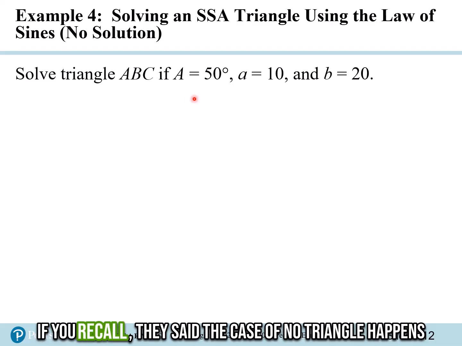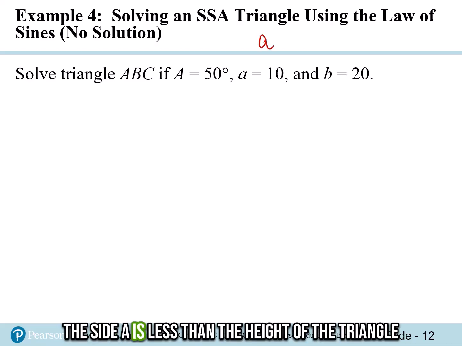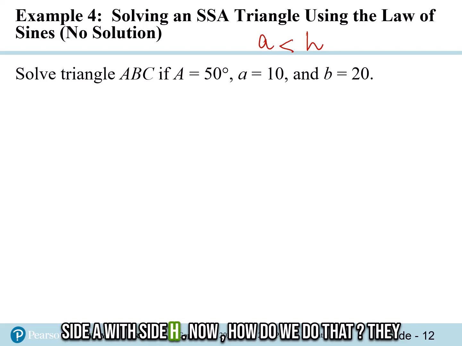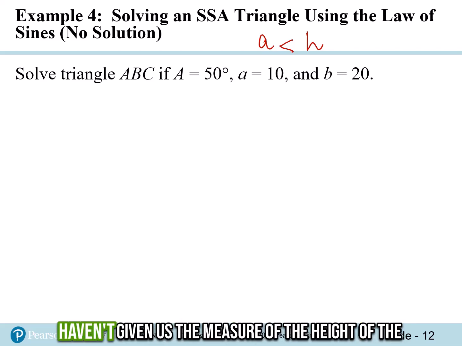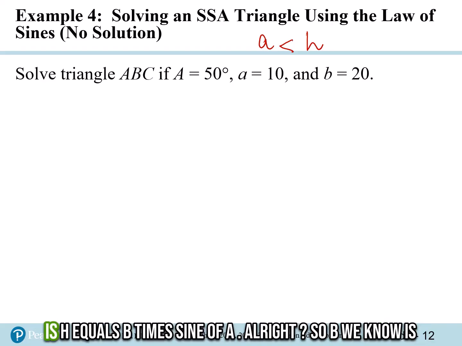However, if you recall, they said the case of no triangle happens when side A is less than the height of the triangle. So we could, right at the start, do a comparison of side A with side H. Now, how do we do that? They haven't given us the measure of the height of the triangle. The formula using trigonometry to find side H is H equals B times sine of A. All right, so B we know is 20, correct?